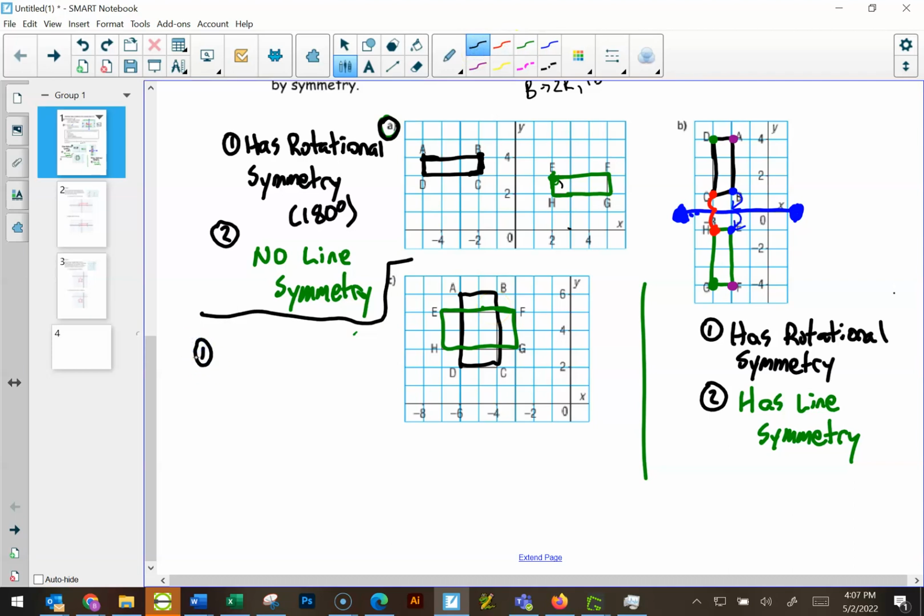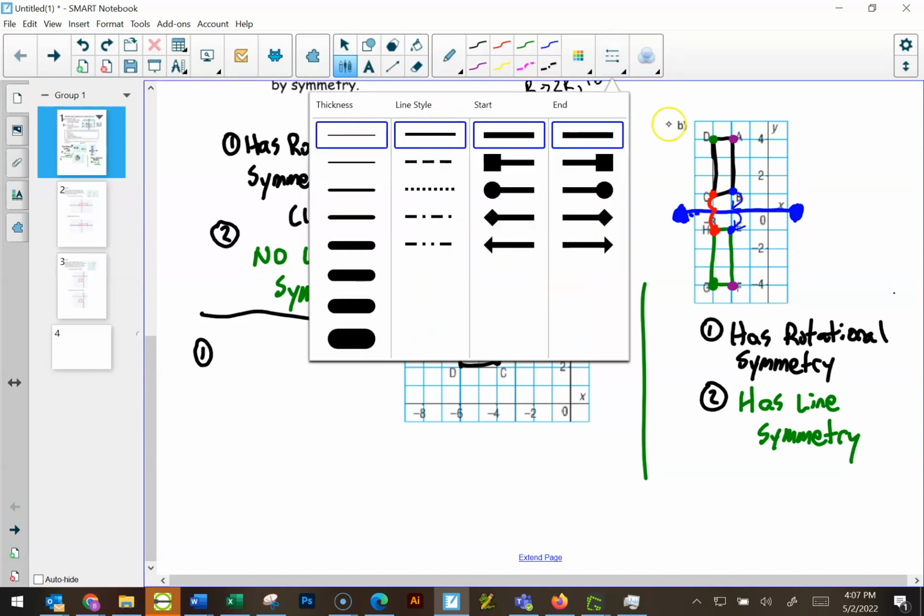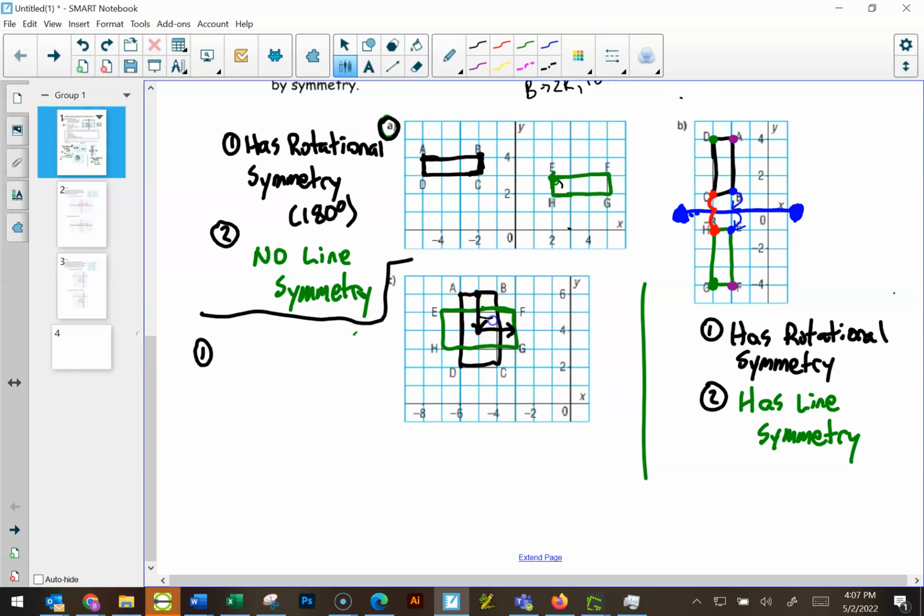Do we have rotational symmetry? This one's pretty obvious to see. Yes, we do, right? If I just take a line from the middle of AB and draw it down there, and I draw a 90-degree angle, clearly that 90-degree angle right there is going to take the middle of the AB line and make it the middle of the FG line.